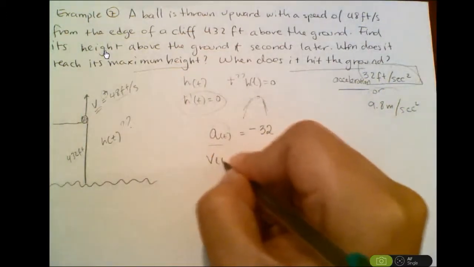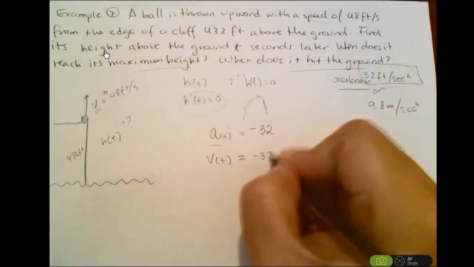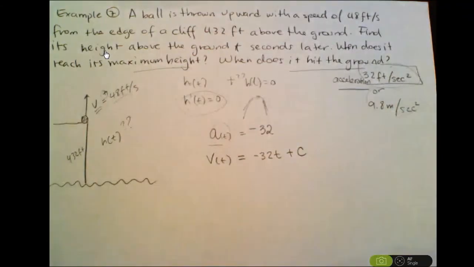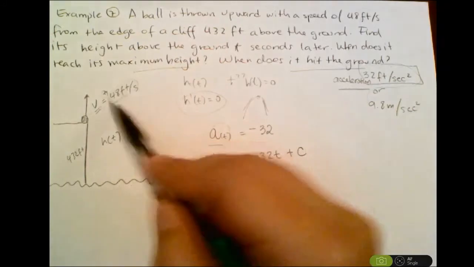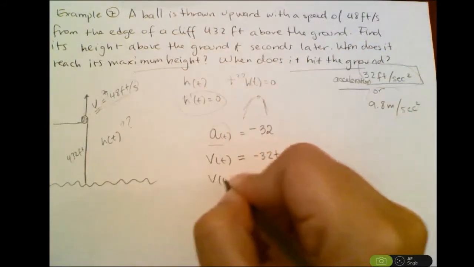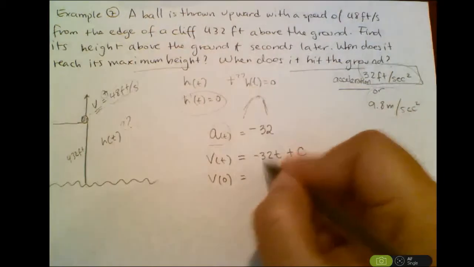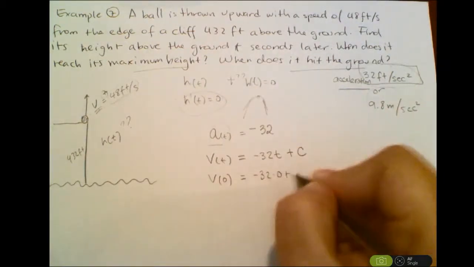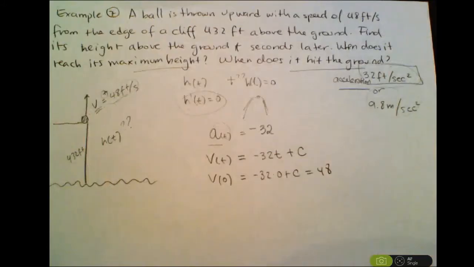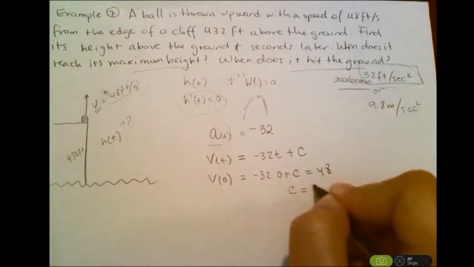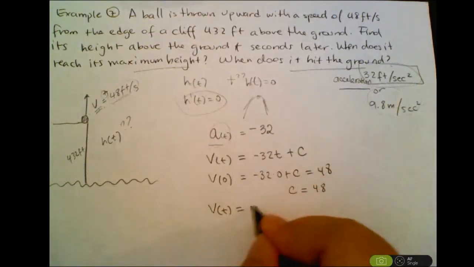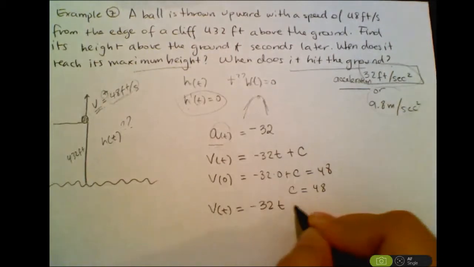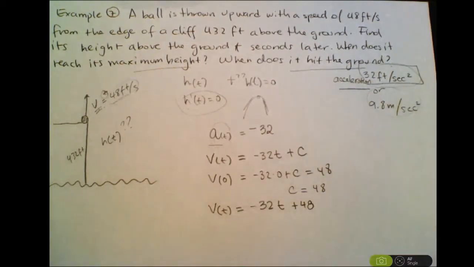So v of t is going to be negative 32t plus the constant c. Since the ball was thrown with this much velocity, v of 0 is 48. When I replace it here and set it equal to 48, I discover that c is 48. So the velocity at any given time is negative 32t plus 48.